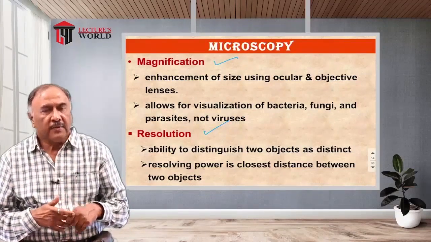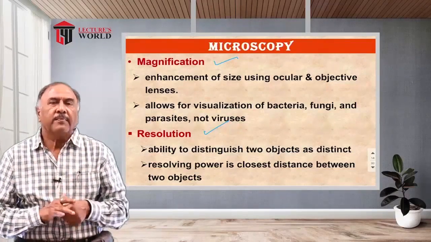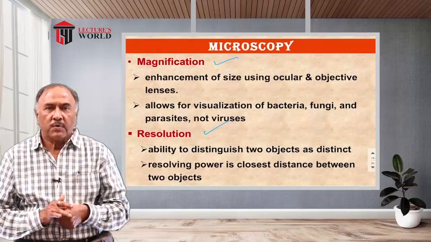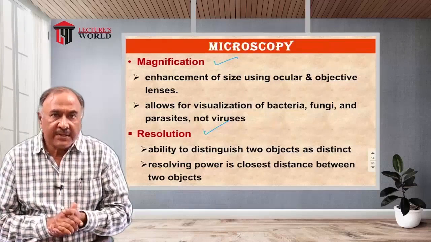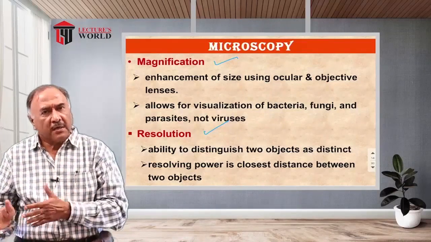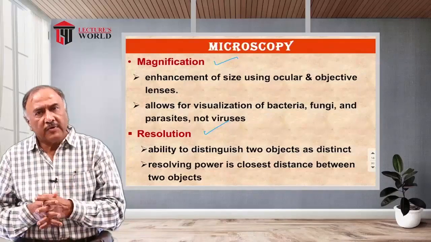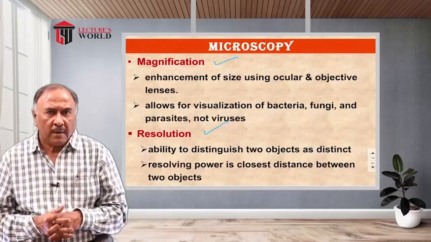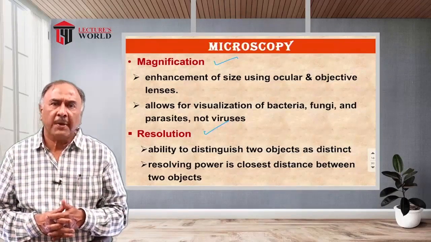Along with growth and characterization, we may also carry out sensitivity testing of the culture. Genetic methods are a different category, and we would discuss them at the end. So let us start first with microscopic identification.